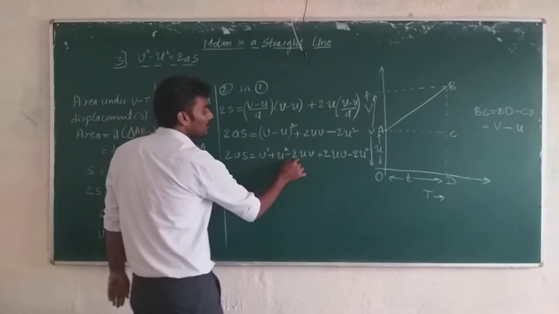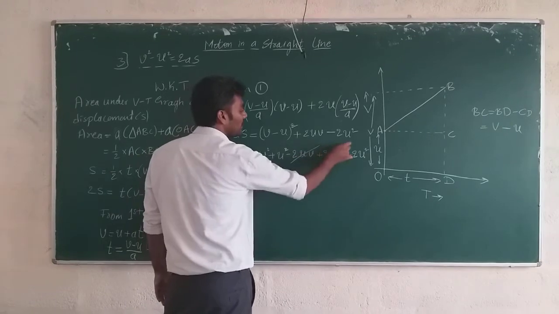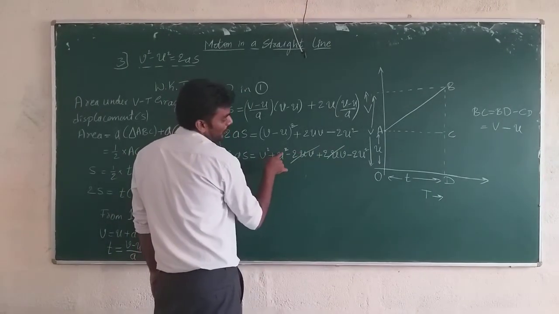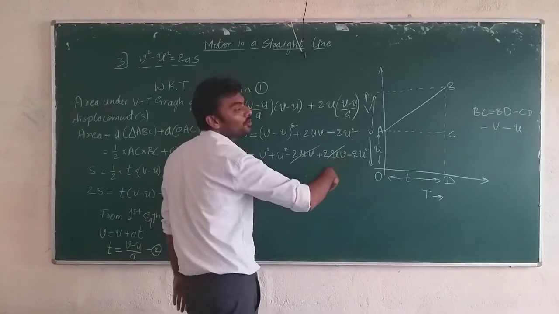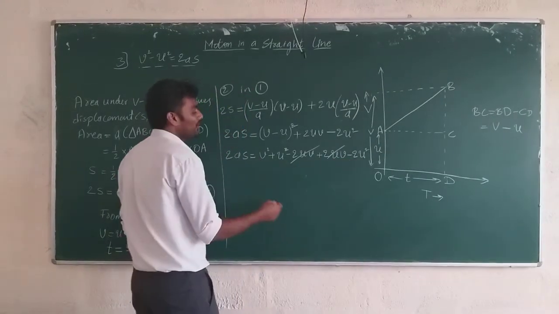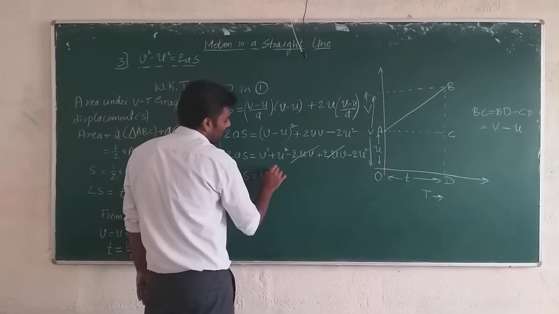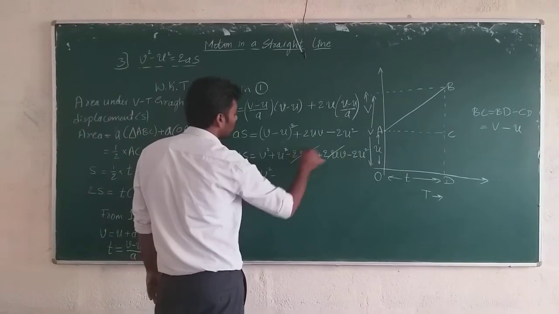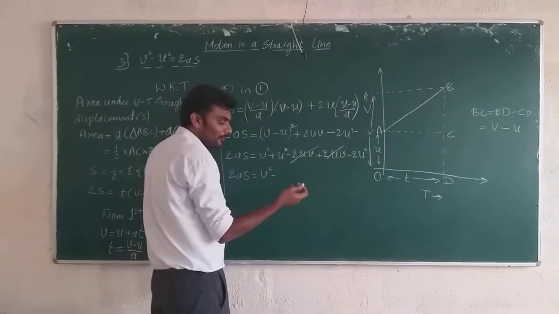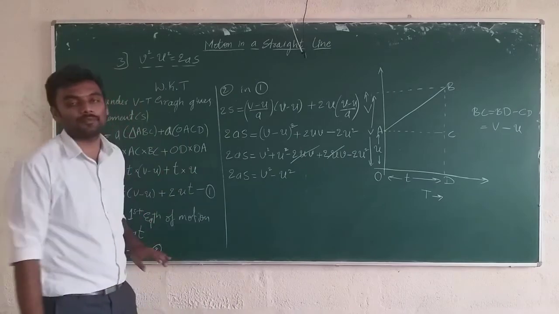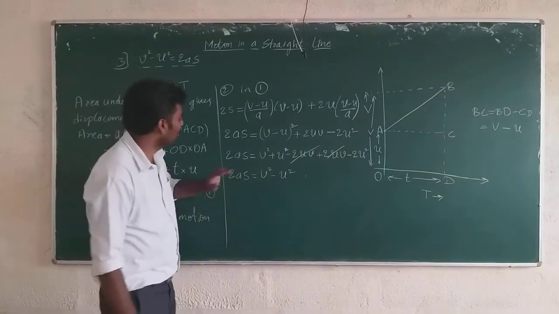Now look, minus 2uv plus 2uv get cancelled. Here you have plus u squared and here you have minus 2u squared, which will give me 2as is equal to v squared minus 2 plus 1, which is simply minus 1. So v squared minus u squared. That's it. Over. Okay. So this is the expression.